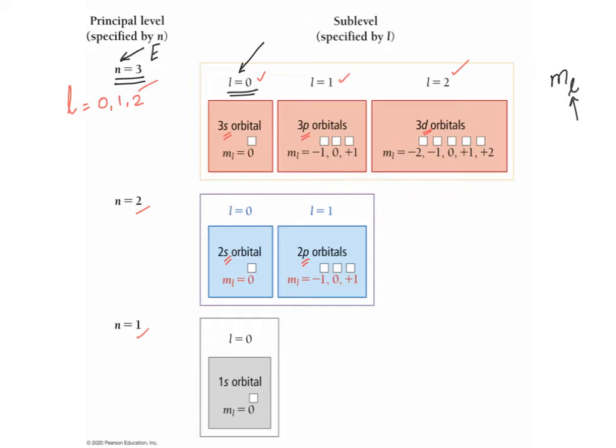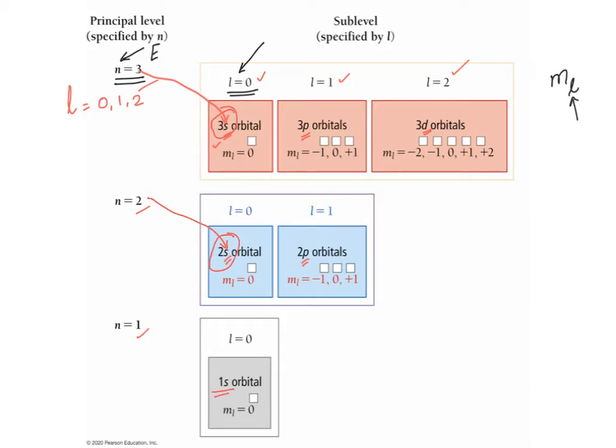Now here also there is an s orbital, here also there is an s orbital. What's the difference between the two? This s orbital belongs to n=3, whereas this s orbital belongs to n=2. So this is known as the 3s orbital, and this is known as the 2s orbital, and same way 1s orbital.